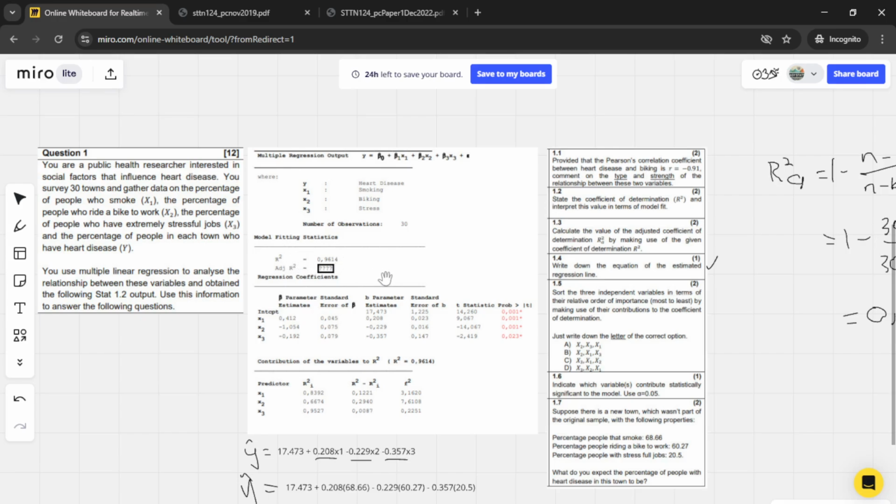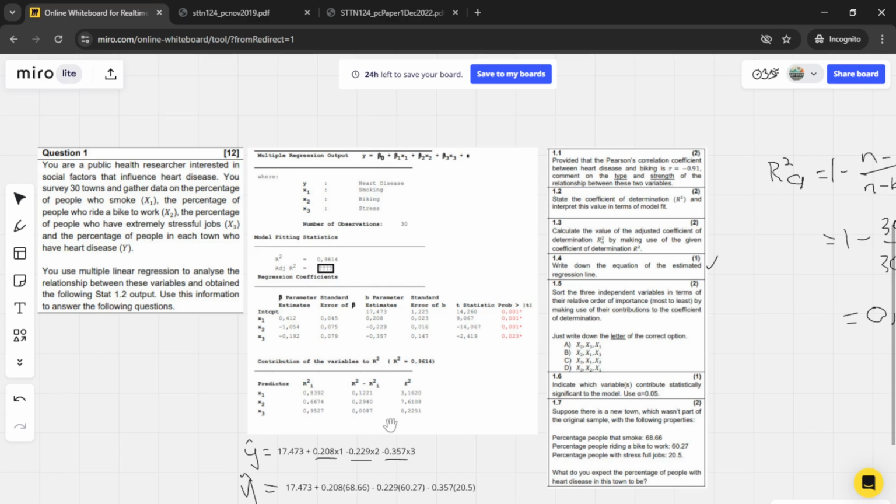And now they ask you about the contribution of the variables, so you're going to focus only on the middle part. That's what you should know by now. Don't focus more on this one. Sometimes, but in most cases you're going to focus here.